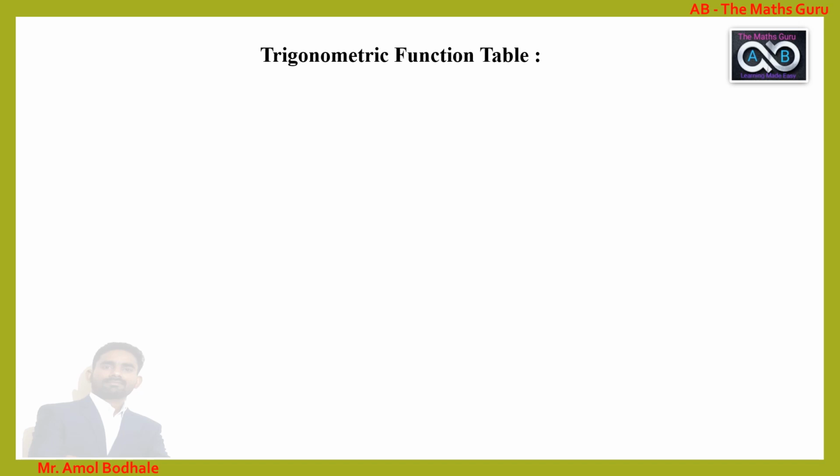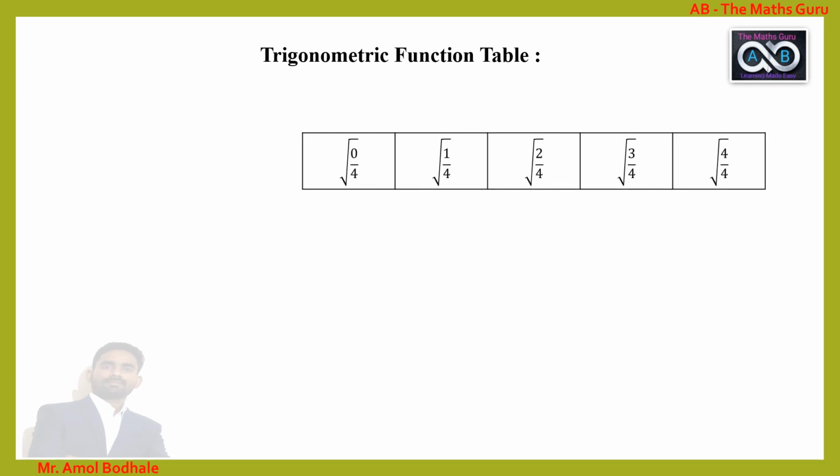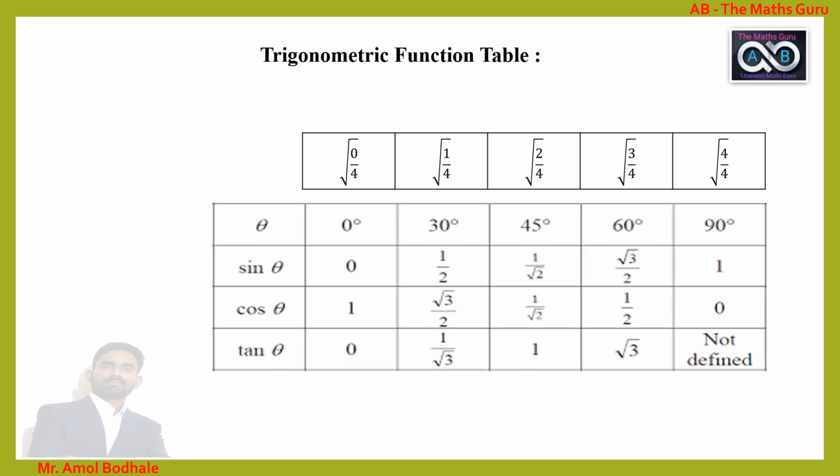In 11th standard, we have already learned the trigonometric function table. Let's see how we can remember this table. First of all, we write 0, 1, 2, 3, 4, divide each number by 4 and take their square roots. So sine of 0 is square root of 0 upon 4, that is 0.